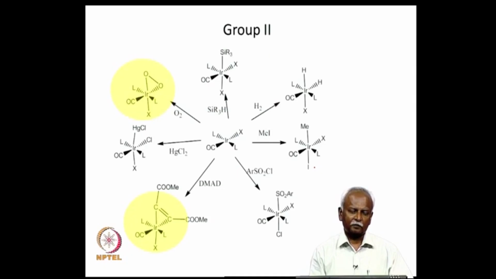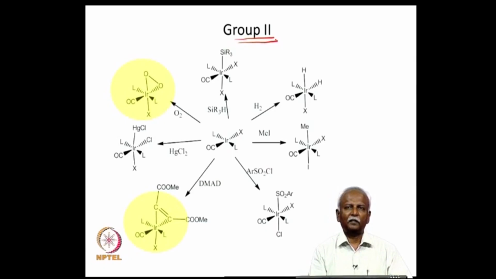This change from a double bond to a single bond requires that the 2 atoms that are added on to the iridium are now cis related to one another. So, at the end of the reaction, in the group 2 class of oxidative additions, you end up with cis additions, and we have 2 examples here which are again marked in yellow. These molecules are characterized by 2 key features.